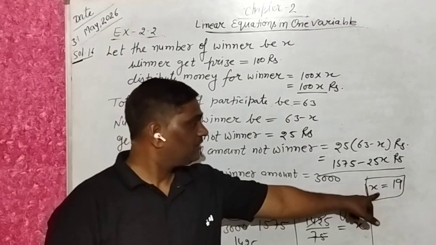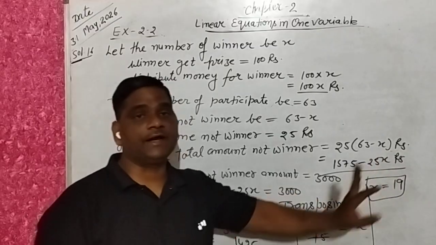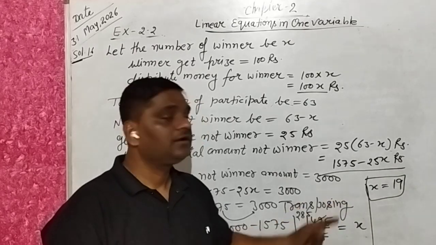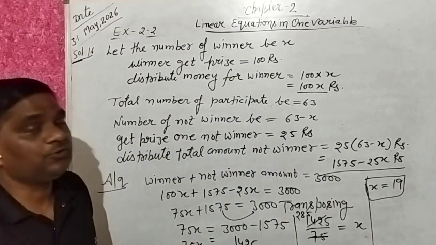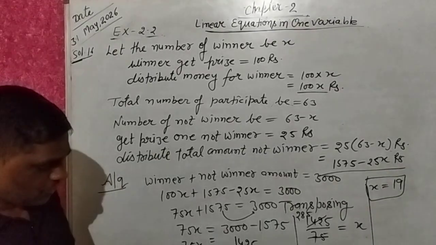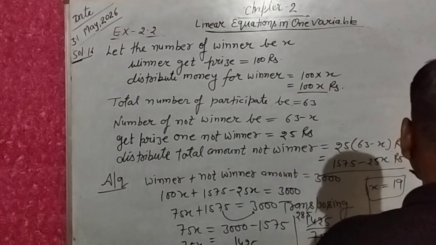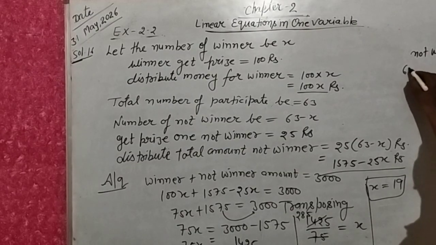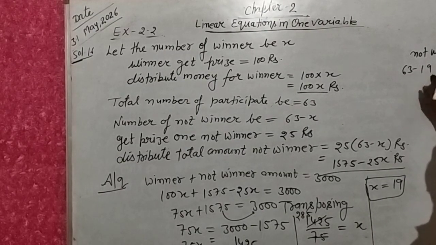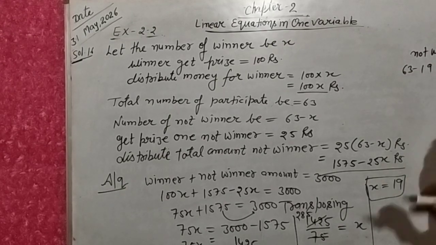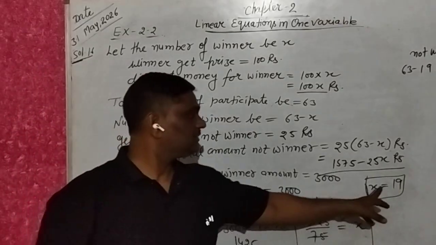Amount of x: 19 into 100, 1900, and 63 minus 19 is equal to 44 non-winners, who get 25 each. So 44 non-winners and 19 winners.